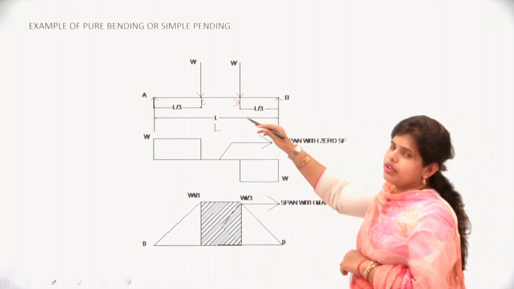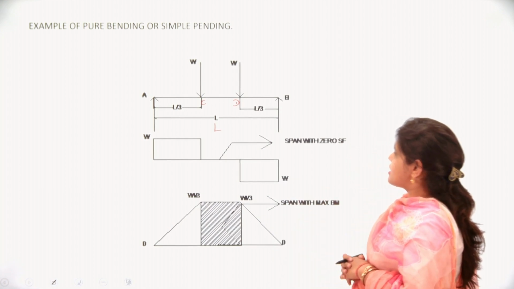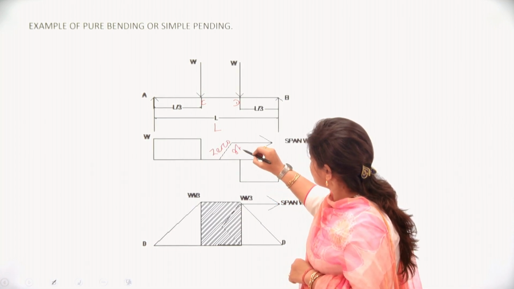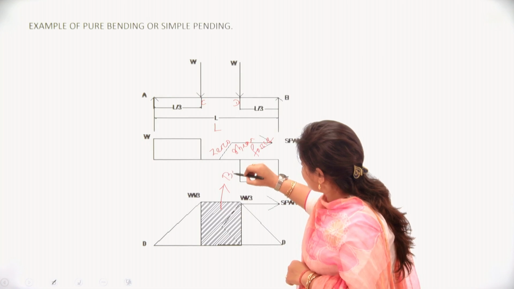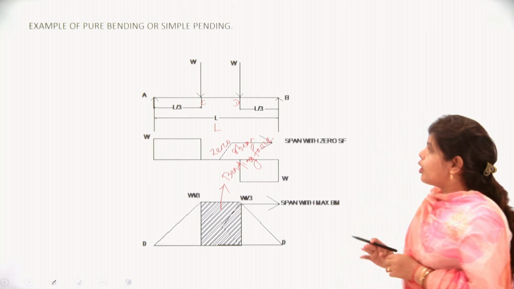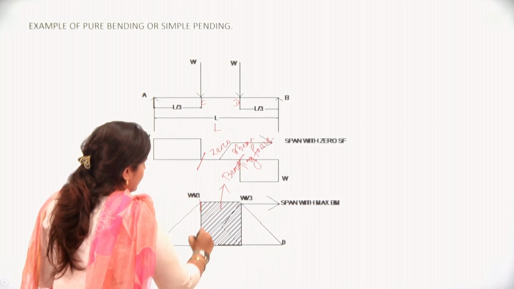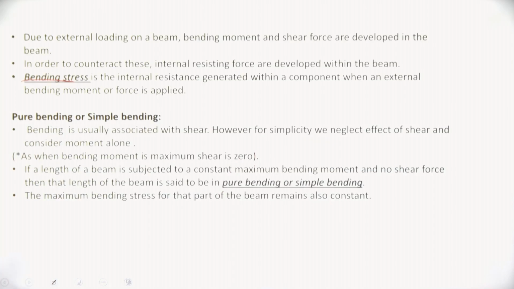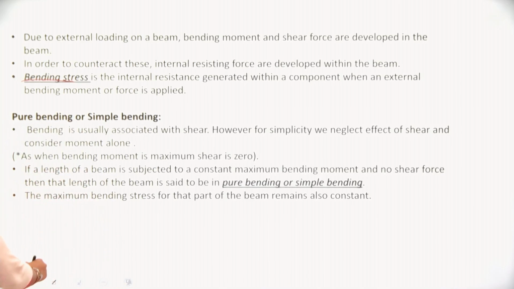After calculation of shear force with W and L, we will have the shear force diagram. You can see at which part there is 0 shear force, there the bending moment is maximum. For the length of the beam where shear force is 0, the bending moment is maximum, and the maximum bending stress for that part of the beam also remains constant.